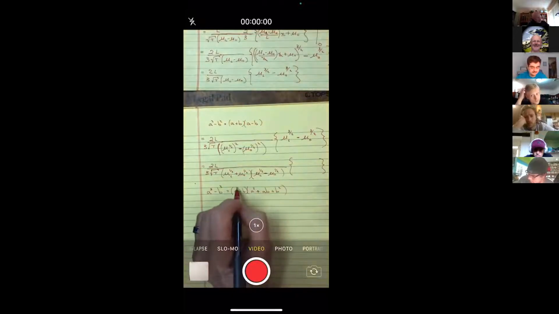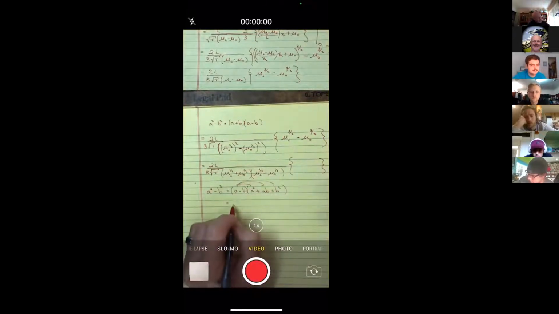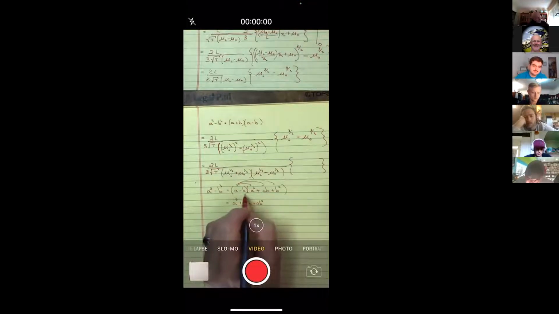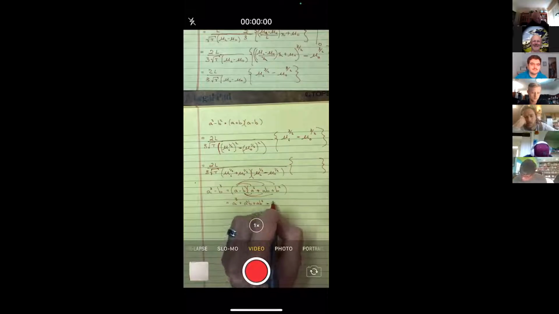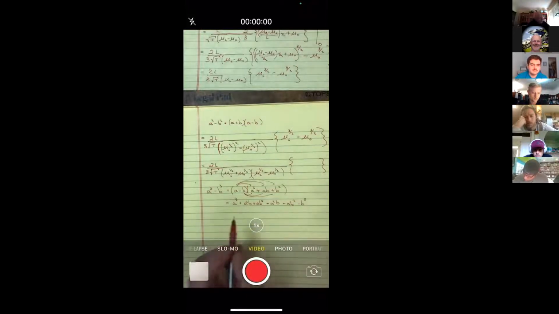So a times each of these would be a cubed plus a squared b plus ab squared. And then the minus b multiplied out would be minus a squared b minus ab squared minus b cubed. And then these inner ones should cancel.